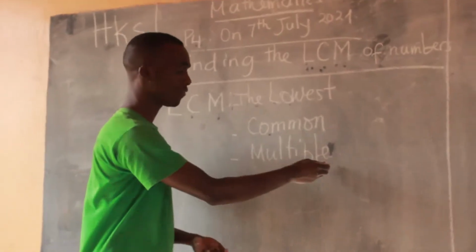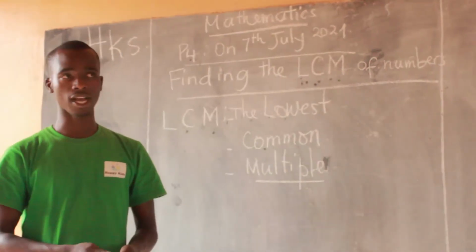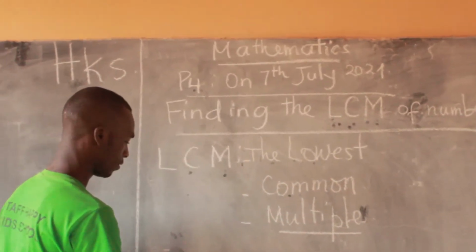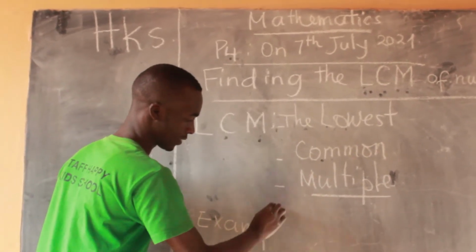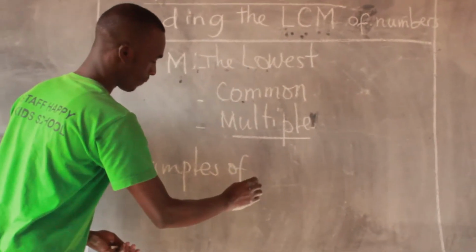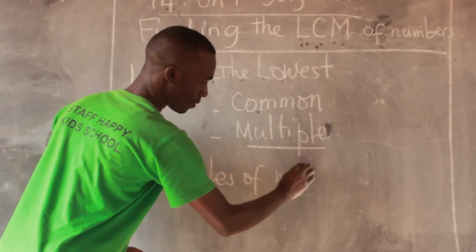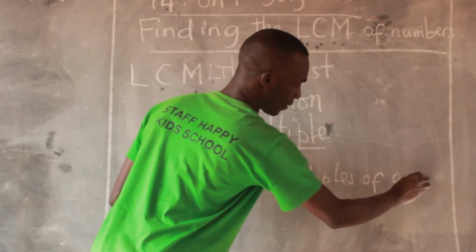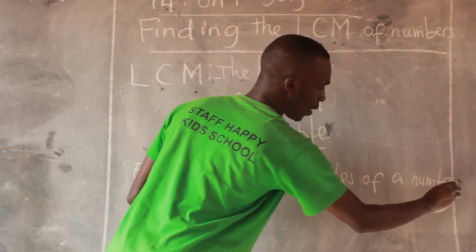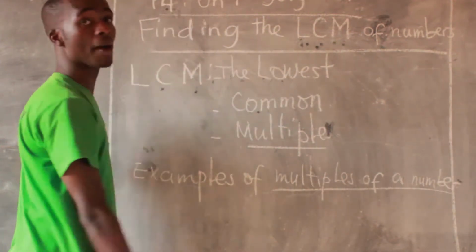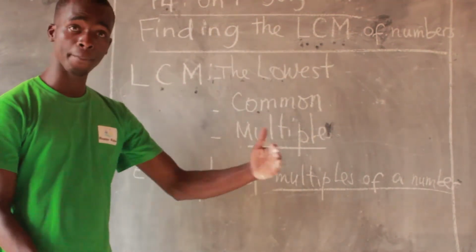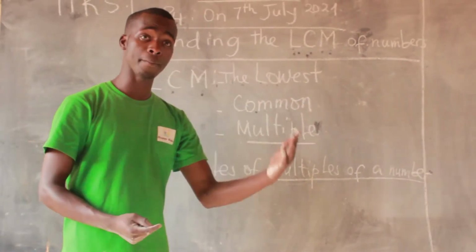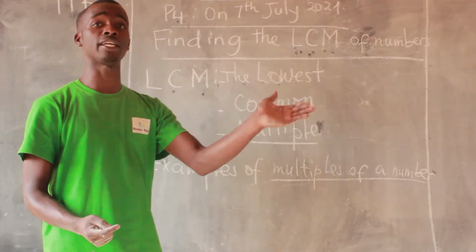Multiples now. When you say multiples, what is it, multiples of a number? Let's first give you examples of multiples of a number. What do we call multiples of a number? Multiples of a number are numbers we get when one number is multiplied by different numbers.